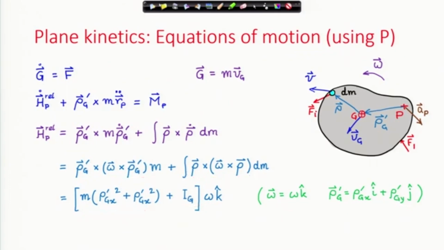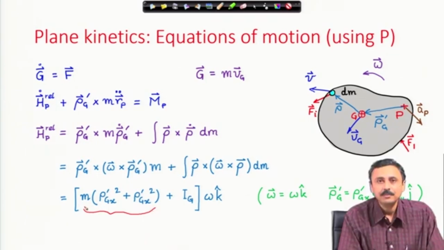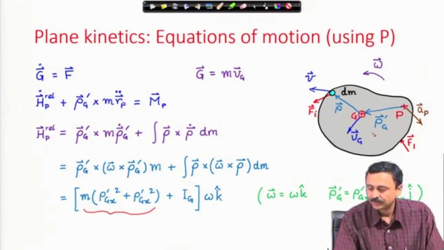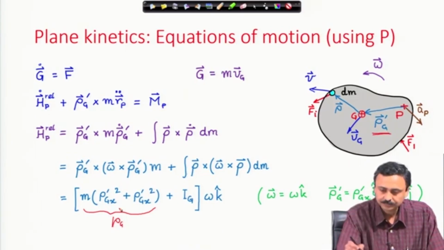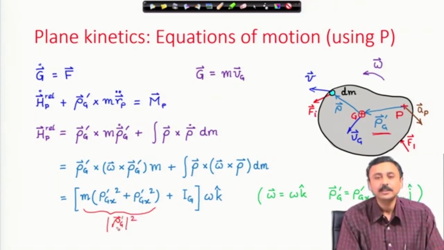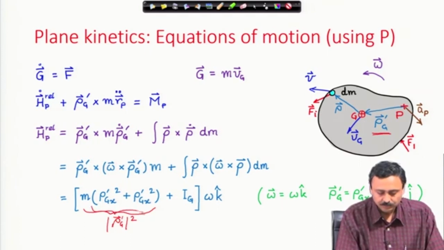And if you look closely, this term is nothing but something like m times distance squared, magnitude of rho_g prime squared.